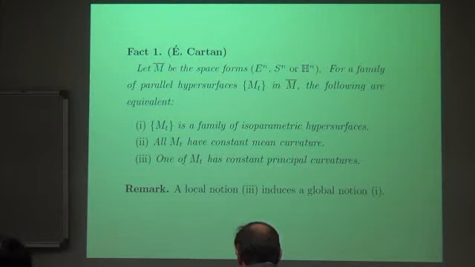So if just one hypersurface here has constant principal curvatures, then all other hypersurfaces have constant mean curvature, and there exists a global isoparametric function, and this hypersurface is given by a level set of such an isoparametric function. This third condition is a local condition because principal curvatures are a local notion. However, it implies the global existence of an isoparametric function. So this fact shown by Eric Cartan is very important and non-trivial.